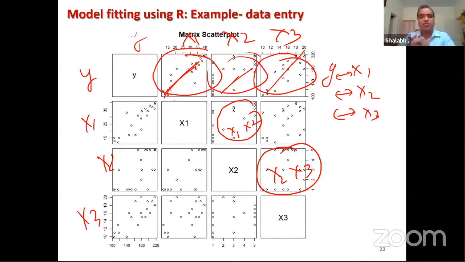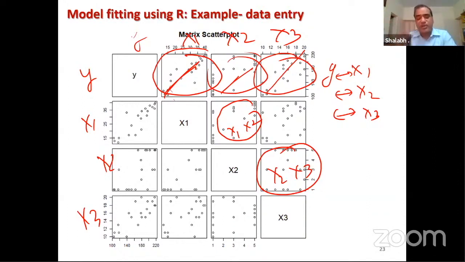So I assume that the relationship between y and x1 is linear, y and x2 is linear, y and x3 is linear. So I can believe that their linear combination will also be linear. But surely it is not 100% guaranteed, because there can be interaction also. But in spite of all those things, we have to find a solution.